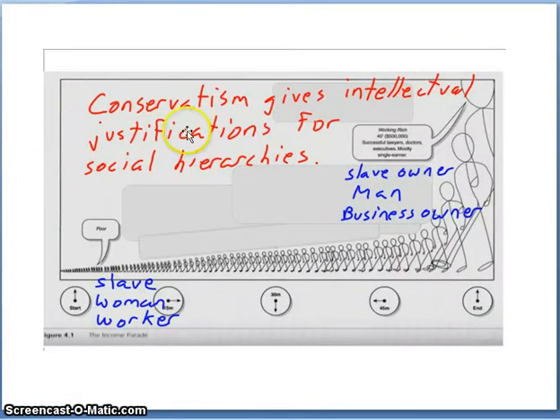So in general, conservatism gives an intellectual justification for social hierarchies. When those hierarchies are challenged, conservatism is given new energy and new force, and it doesn't just resist mindlessly, but comes up with arguments for why it is beneficial for society to retain some of these inequalities in power and status.